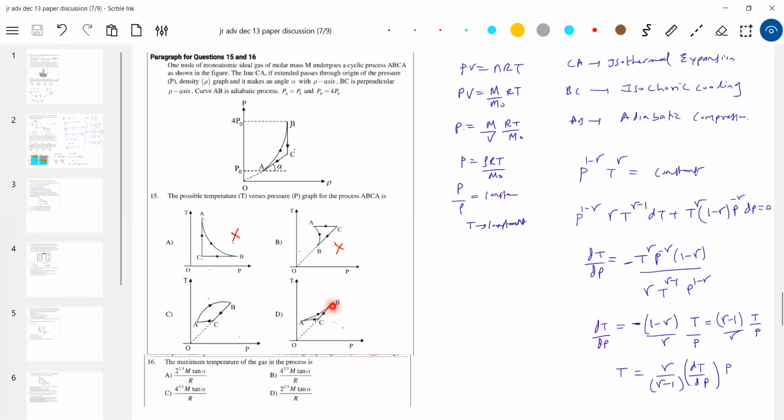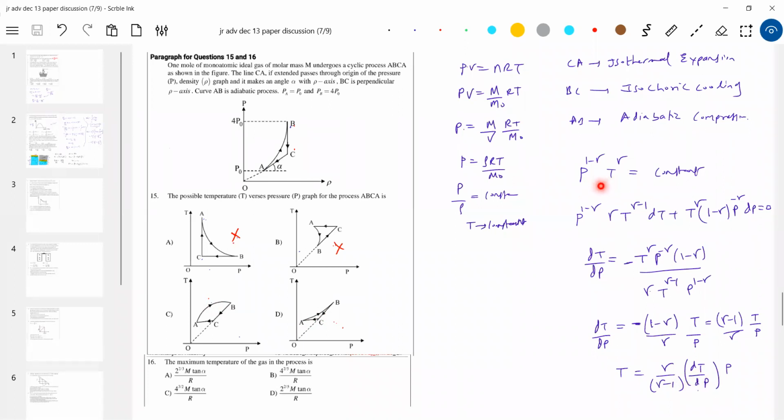Slope is minimum, then it increases. So which particular one? Anybody, when we plot this curve, how will it be? This is about the slope. Okay, this curve is what we have to plot.